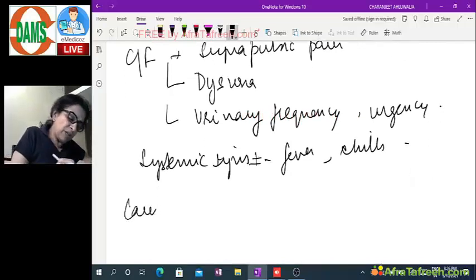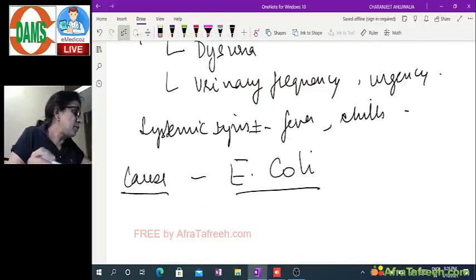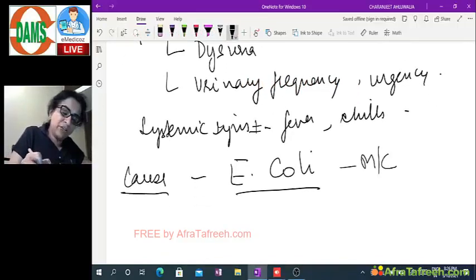And what is the cause? The most common cause is bacteria, that is E. coli. Most common is E. coli. In addition to E. coli, we also have Staphylococcus saprophyticus.